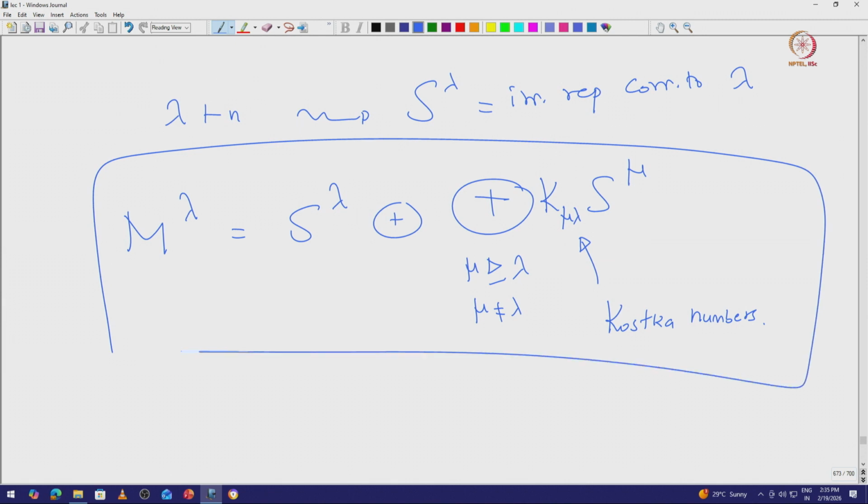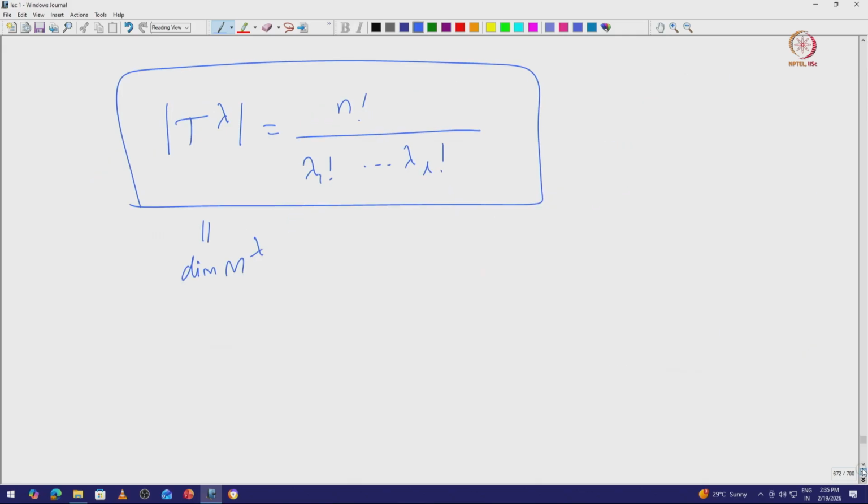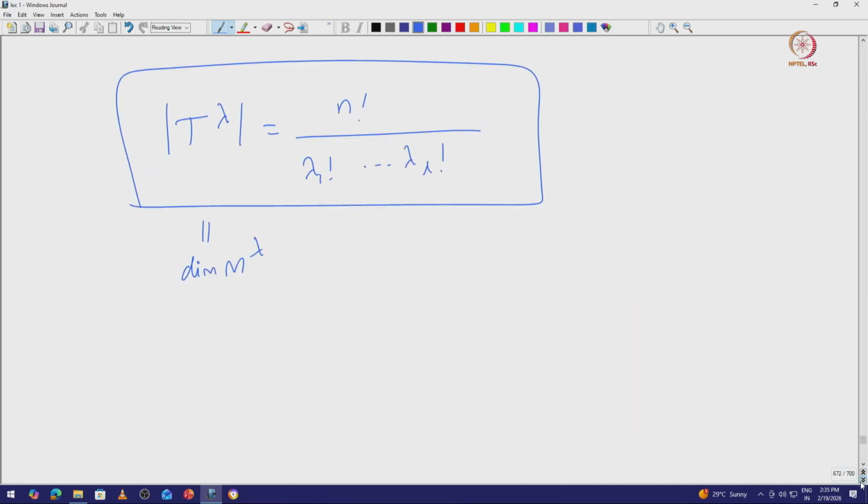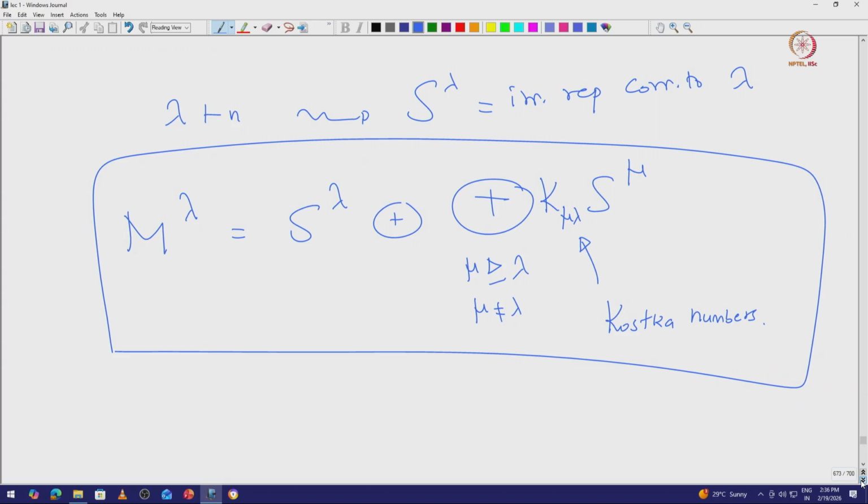Okay, so I am just giving some heads up. So, given lambda partition, we denote this S lambda to be the corresponding irreducible representation of lambda, and we will see that the representation that we have defined using these tabloids will always decompose as this S lambda direct sum, some S mu's with some multiplicities K mu lambda.